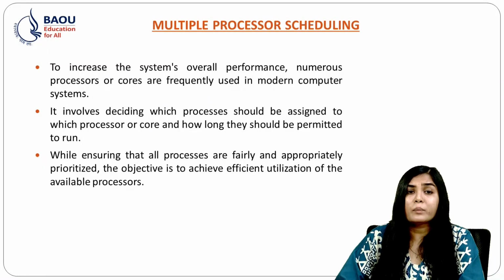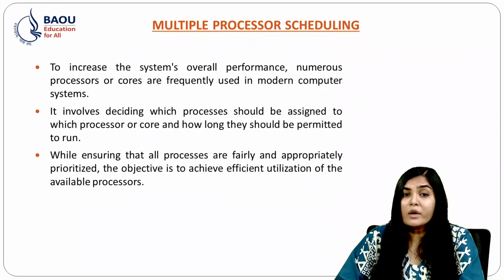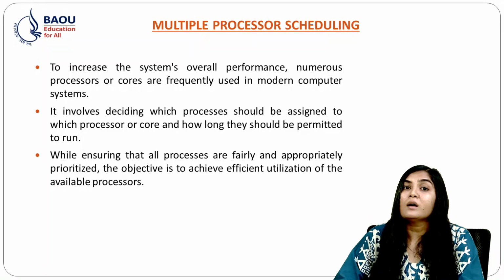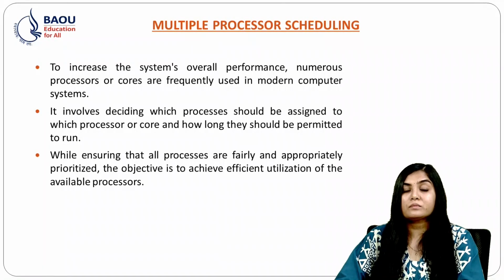It involves assigning each processor or core processes and how long they should be permitted to run, while ensuring that all processes are fairly and appropriately prioritized. The objective here is to achieve efficient utilization of the available processors.